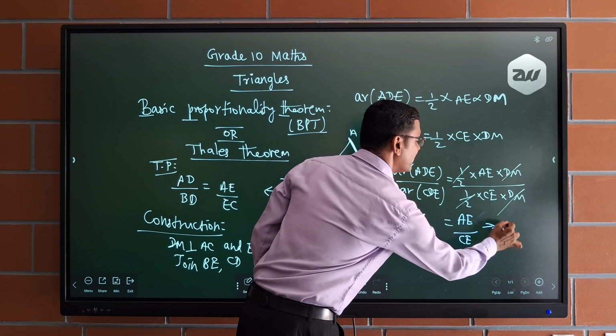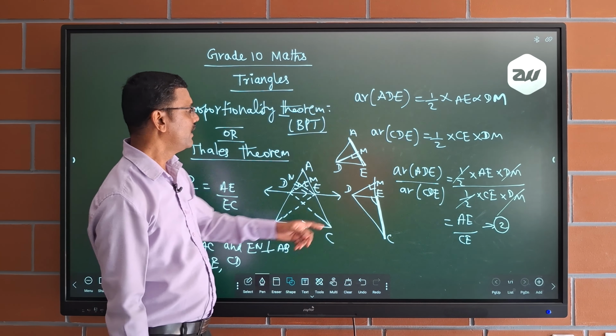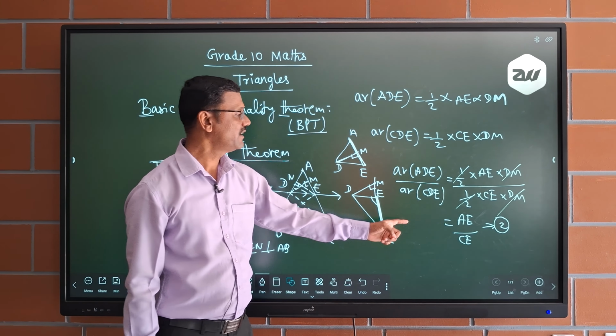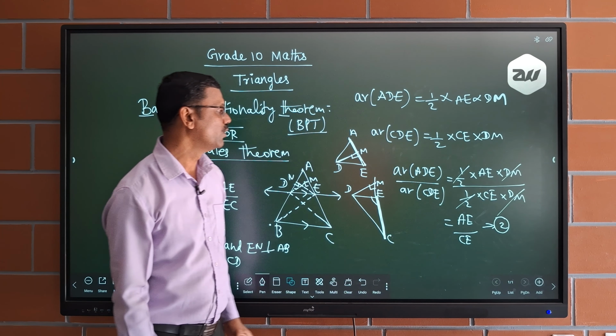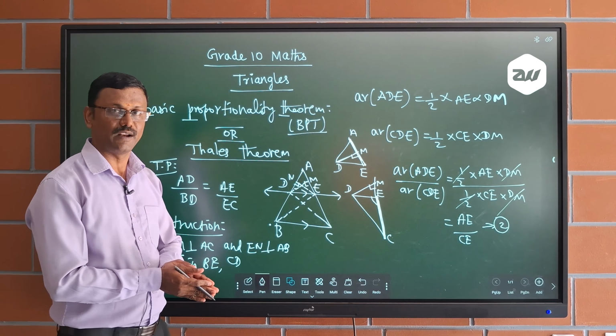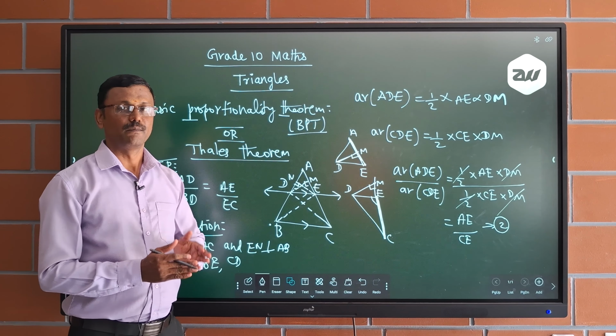So this I name it as equation number 2. So this is the second segment. In the first segment what I proved is area of ADE by area of BDE, that is equation number 1. Now area of ADE by area of CDE, this is equation number 2. So this is the second part. Next we have one more part only. Afterwards we go to the final proof.